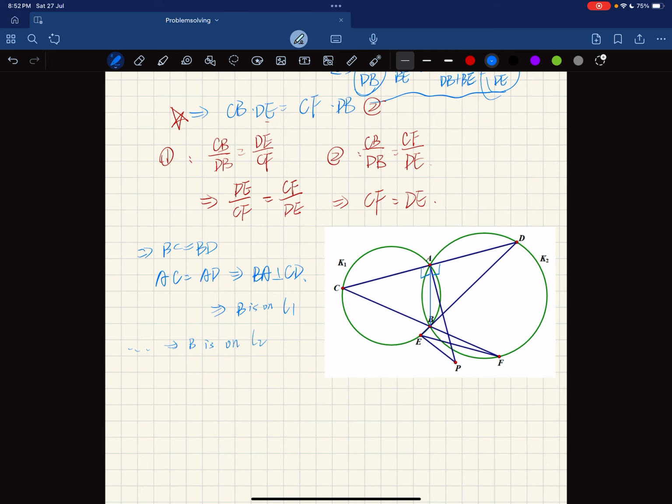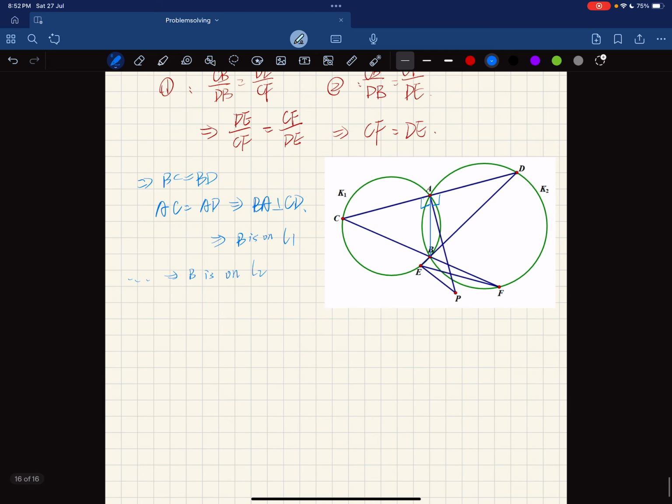That means BC and BD are the diameters of K1 and K2. Is it? So what can we get from that?